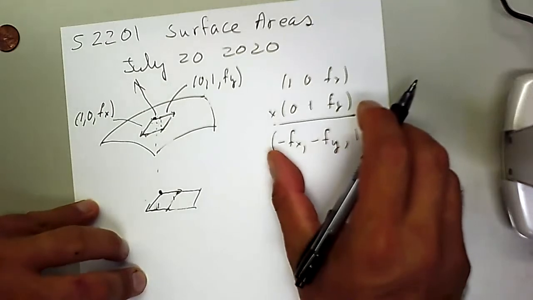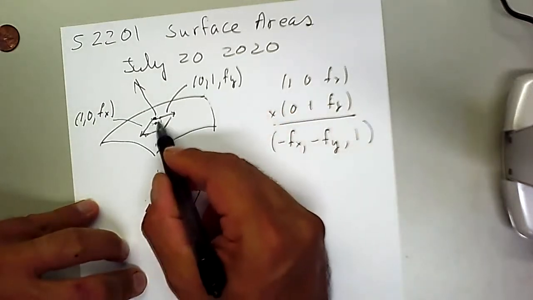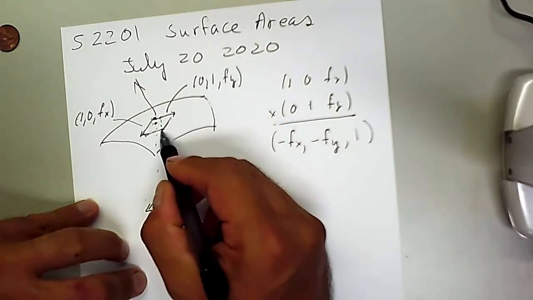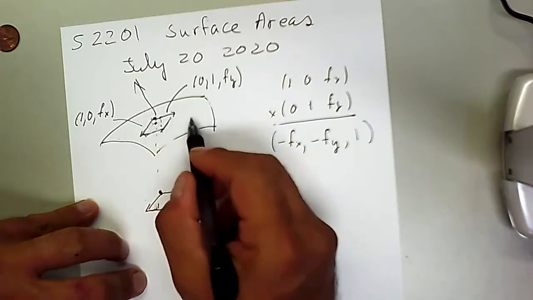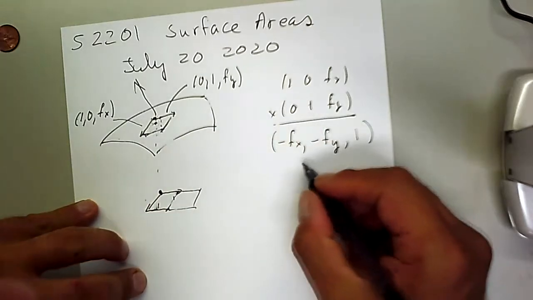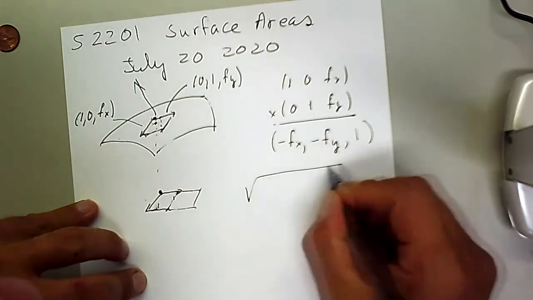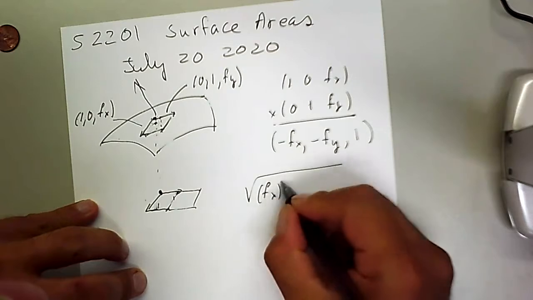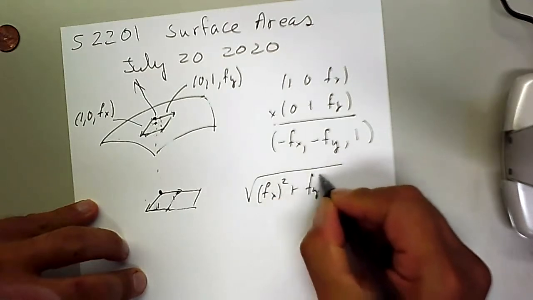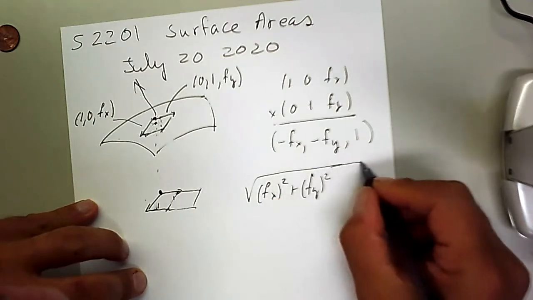But we want the magnitude, because the magnitude gives us the area of this parallelogram, which approximates the area of the surface. So the magnitude would be the square root of f sub x quantity squared plus f sub y quantity squared plus 1.